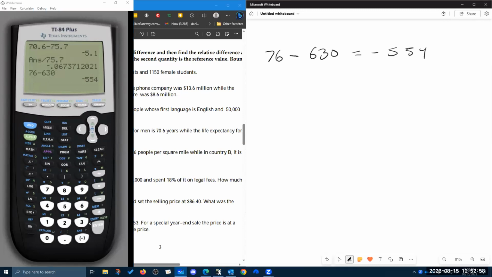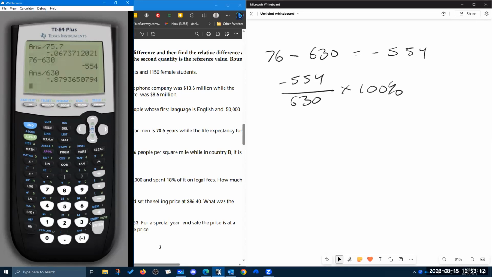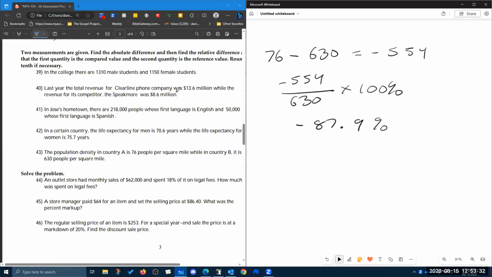And we're going to take that negative 554 and divide it by the 630, that reference value, times 100%. That's going to be that country A is 87.9% less dense relatively than country B.